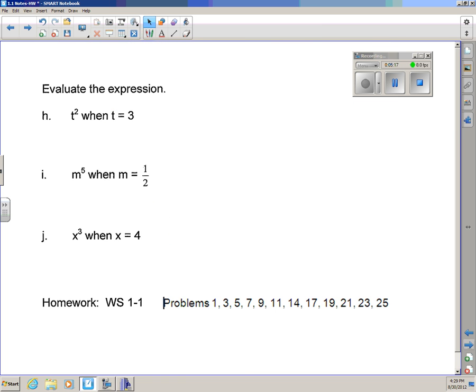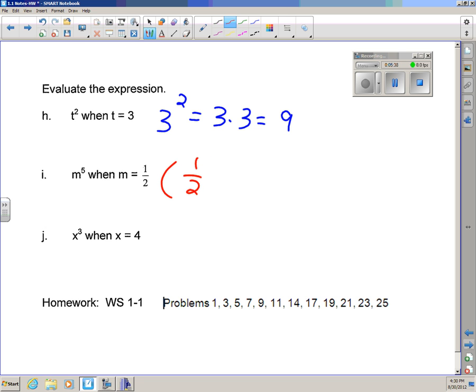When it comes time to evaluate expressions, we want you to substitute in the value for the variable and then show whatever work is necessary. So t squared when t is 3, this becomes 3 squared, or 3 times 3, or 9. On this next one, m to the fifth, when m equals 1/2.